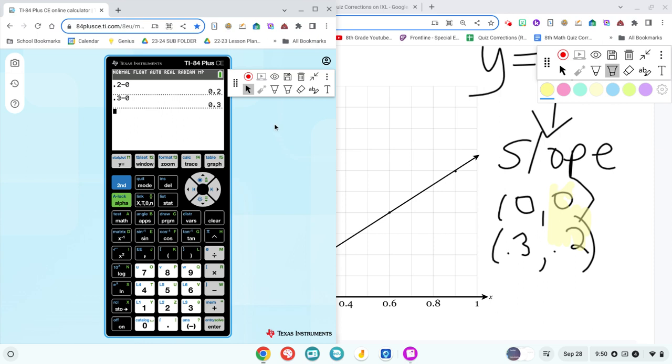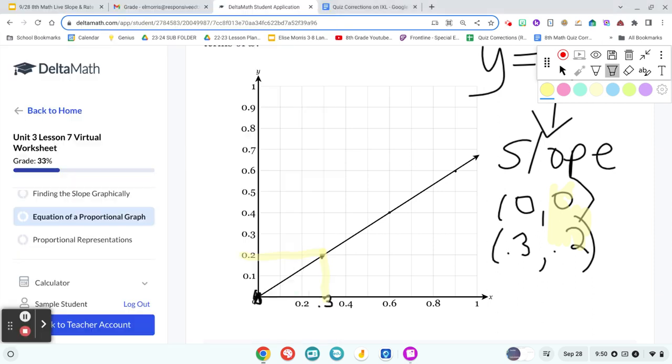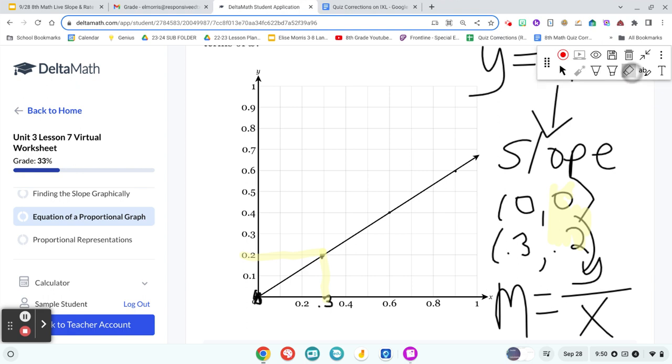When you have 0, 0 and you're subtracting nothing, there's really no point in doing that, right? And so if you would like a shortcut for the slope of anything that goes through 0, 0, which we call proportional lines, you can just take the y and put it over the x, because the slope formula is change in y's over change in x's, and when we subtract nothing, there is no change.